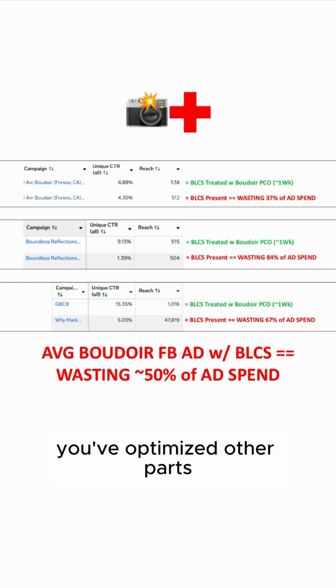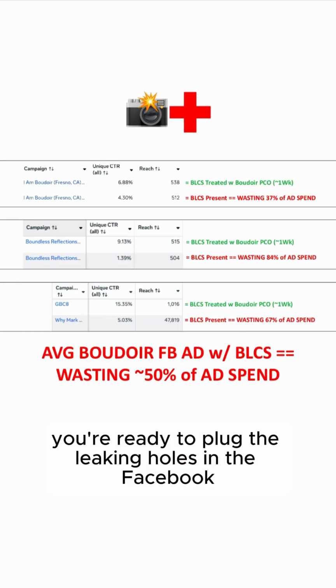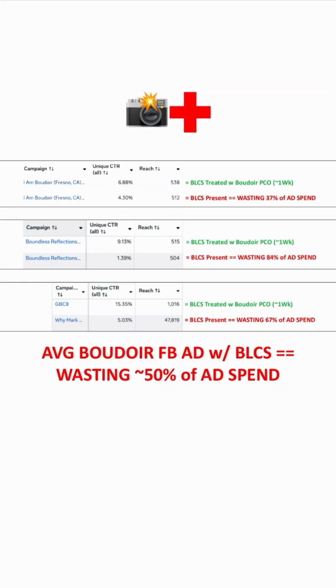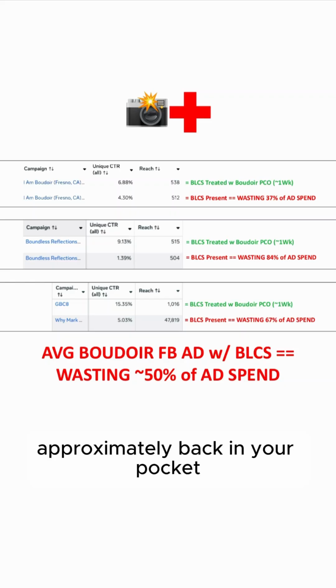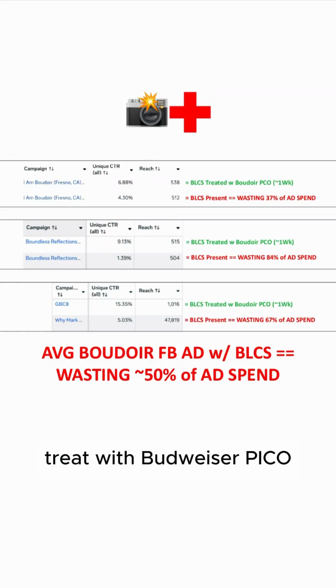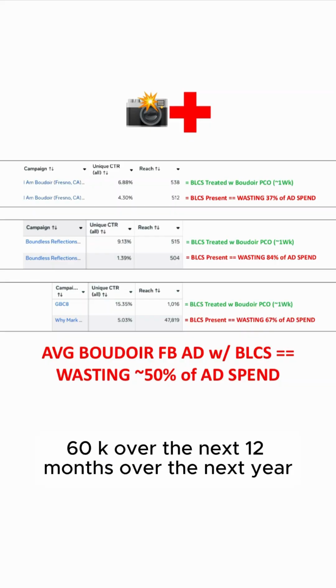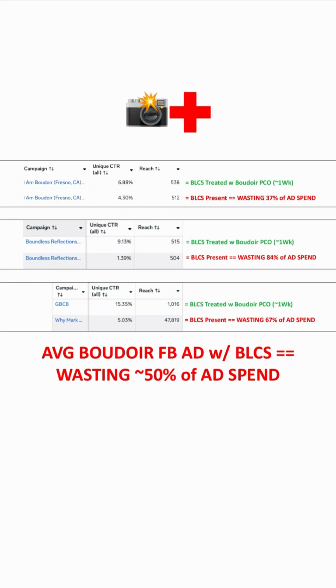You've optimized other parts. Now you're ready to plug the leaking holes in the Facebook ad strategy, because that's easy, just eliminate the waste. And you actually want to keep more money in your pocket. On average, that'd be about 5K a month, approximately, back in your pocket, and approximately 60K over the next 12 months, over the next year.